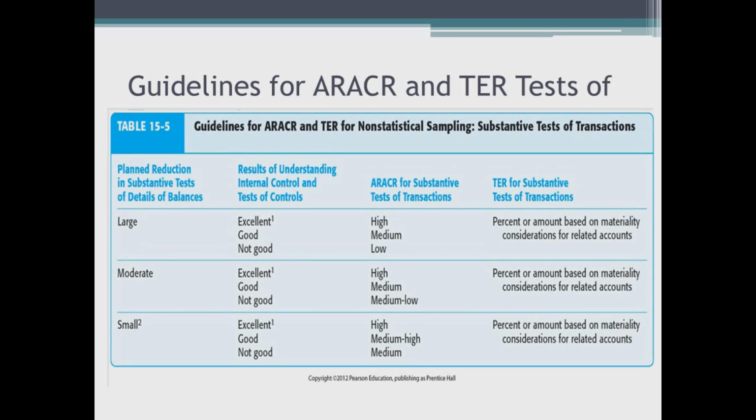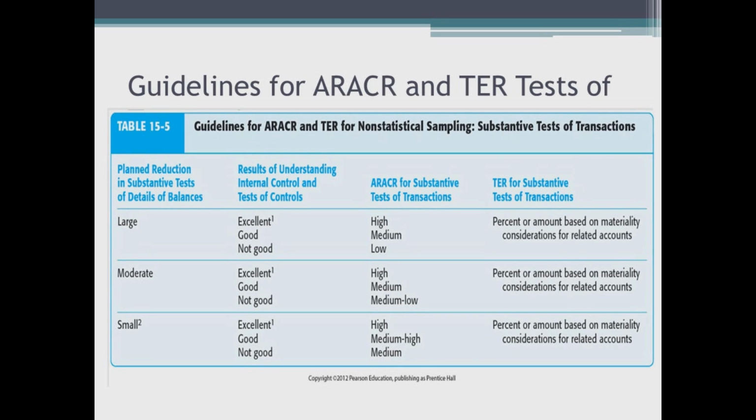If we assess controls as highly effective, and our testing indicates that they're highly effective, then we can reduce the amount of substantive tests of transactions, right? So if it's excellent, then your acceptable risk for substantive tested transactions is going to be high, and your tolerable exception rate is really going to be driven by the materiality that you've established in your planning phase.